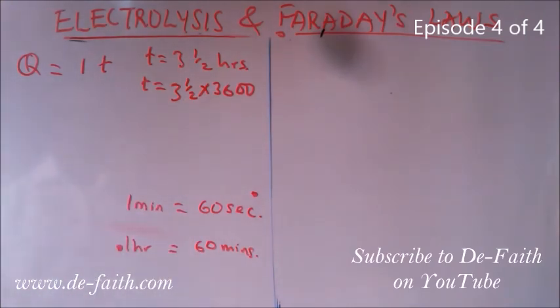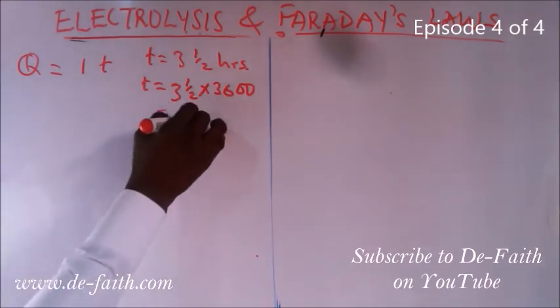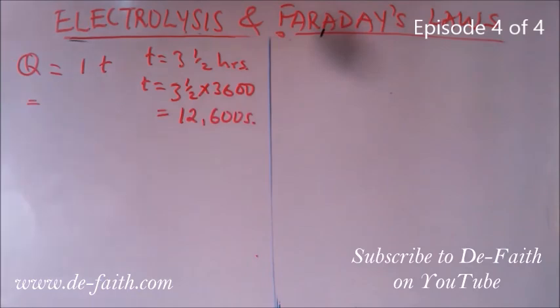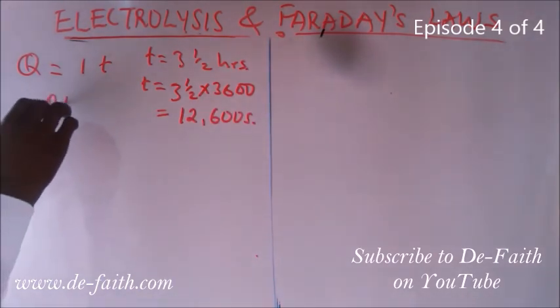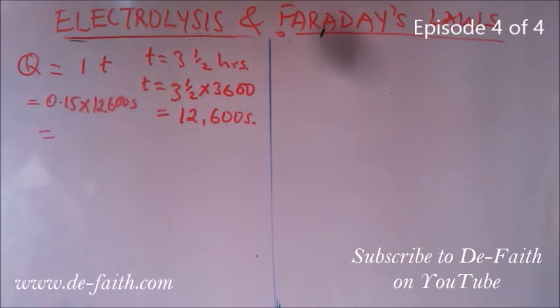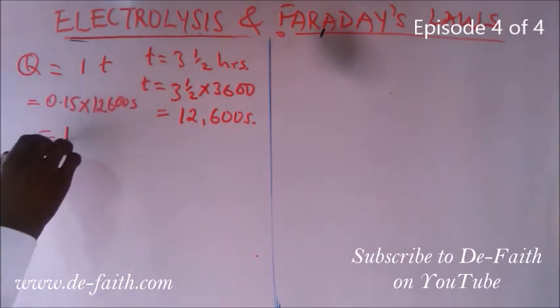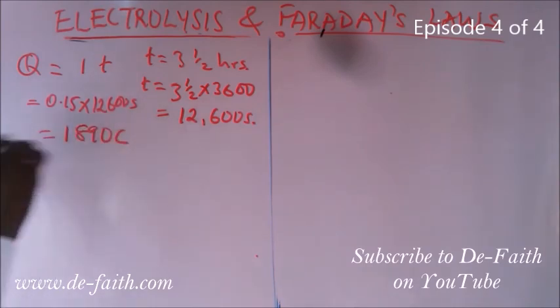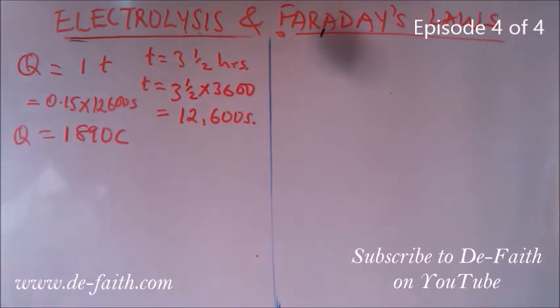That's how we got the 3,600. And so when we multiply this out, that produces 12,600 seconds. The quantity of electricity is a current of 0.15 ampere multiplied by 12,600 seconds, and that will yield 1,890 coulomb. That is the quantity of electricity.